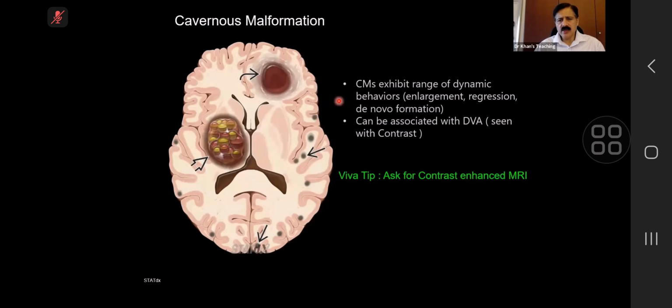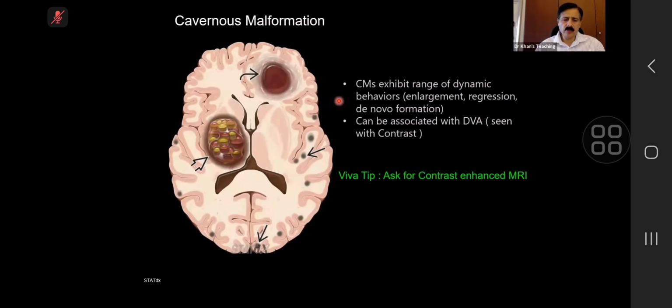Four different types of appearances have been described. Basically, the smallest cavernomas will be simply low signal on T2 star, as in gradient echo or SWI sequence. But larger ones will have various kinds of bleeds inside, and they give a popcorn appearance.